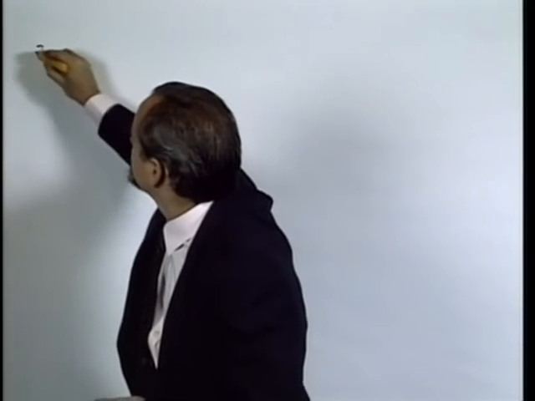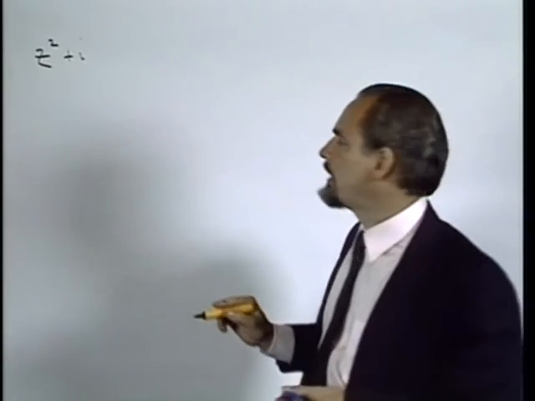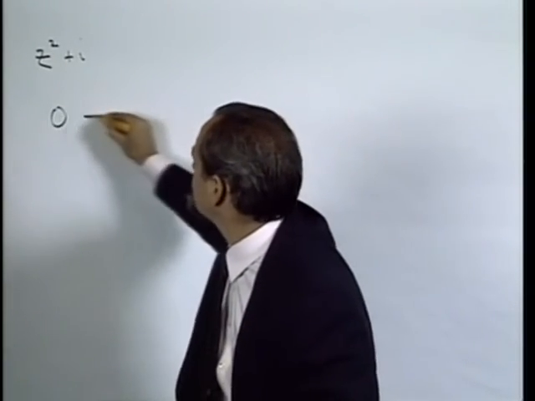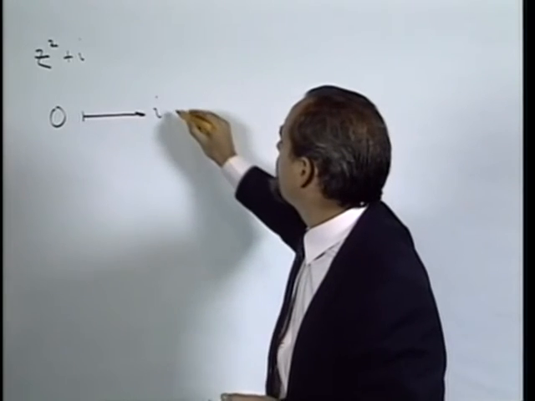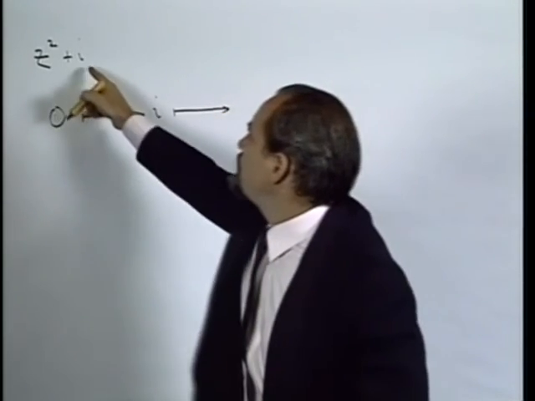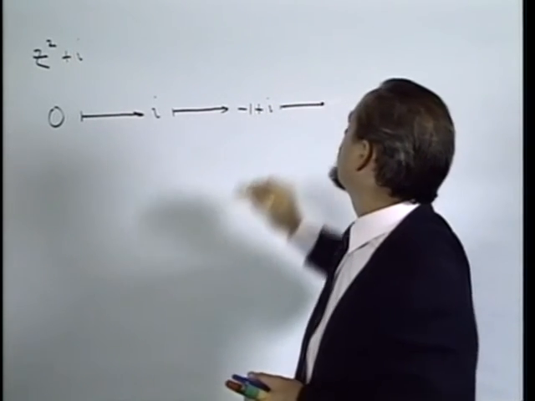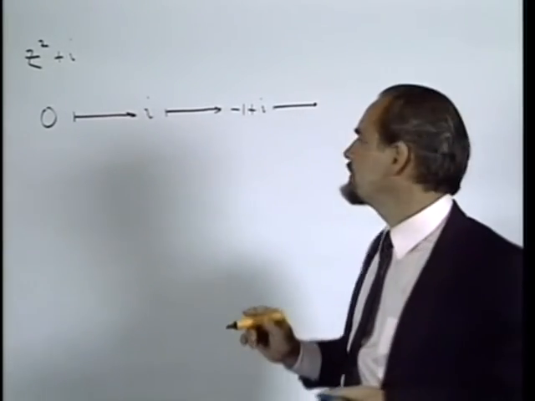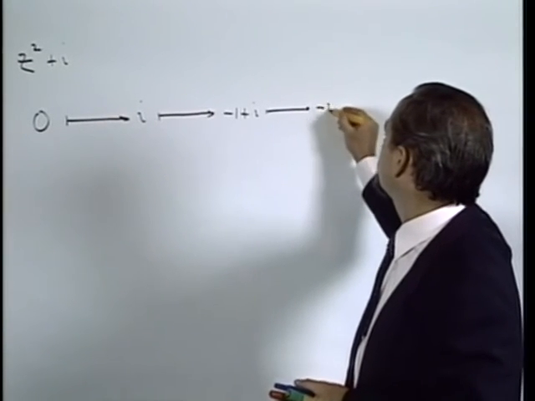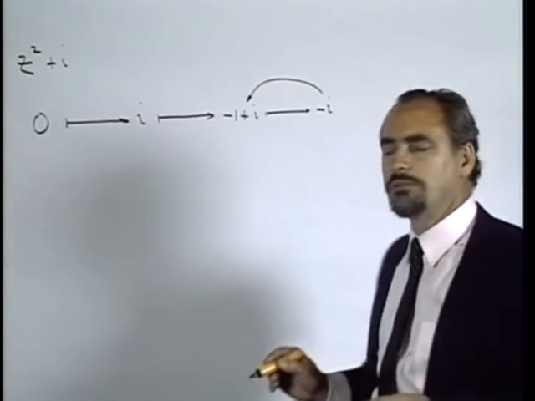Consider the polynomial z squared plus I. If you consider the orbit of 0 under this polynomial, 0 maps to 0 squared plus I, which is I, maps to I squared plus I, that's minus 1 plus I, maps to (minus 1 plus I) squared plus I. That requires a little bit of complex arithmetic to compute, but it turns out to be minus I. And minus I maps right back to minus 1 plus I.